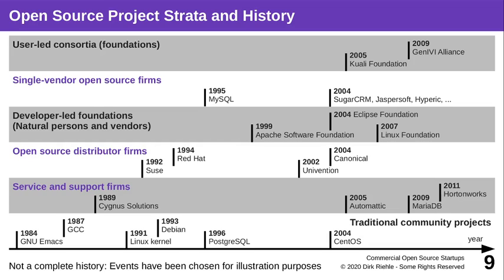After distributors and support firms for commercial open source, then came in 1999 the Apache Software Foundation, non-profits, notably developer-led foundations, where companies and individuals who wanted to develop software came together under one roof to have rules they all abide by.